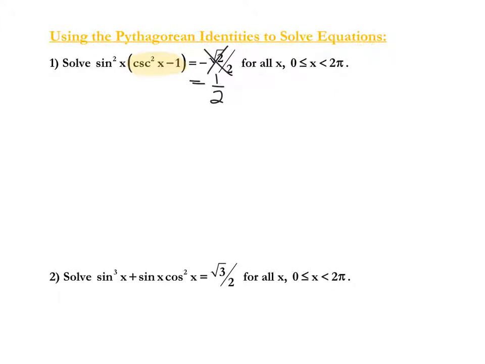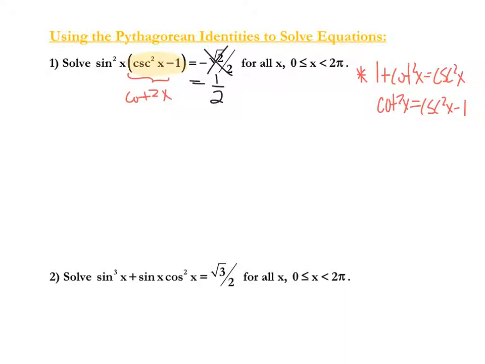And then off to the side, the identity that has cosecant squared in it is 1 plus cotangent squared equals cosecant squared. Okay, so notice that this is going to be a manipulation where cotangent squared equals cosecant squared minus 1. So we are going to substitute in cotangent squared.